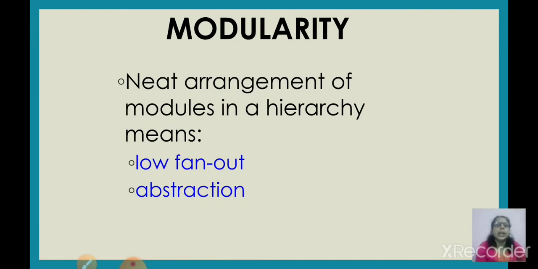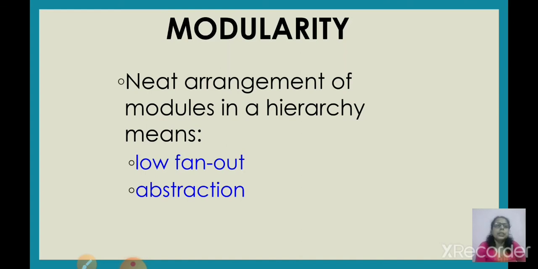The neat arrangement of modules in a hierarchy means low fan-out and abstraction. Fan-out is a measure of the number of modules directly controlled by a given module, and the number of controlled modules should be low; that is low fan-out.